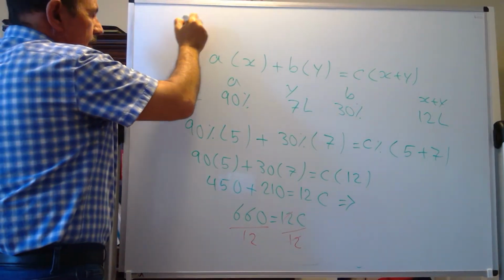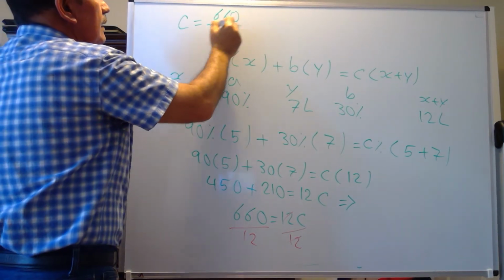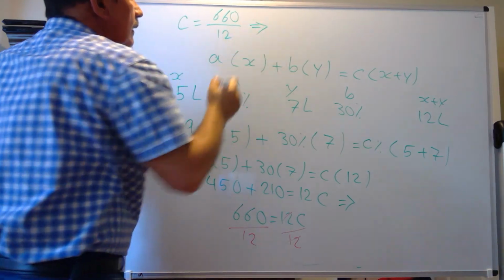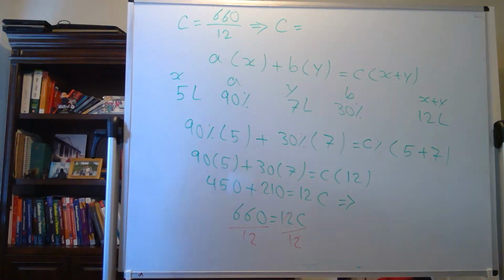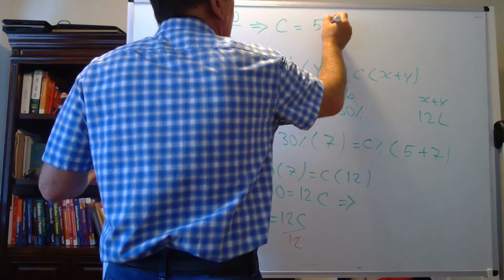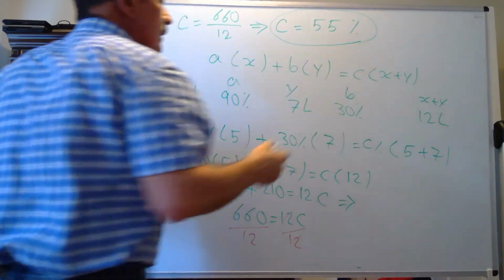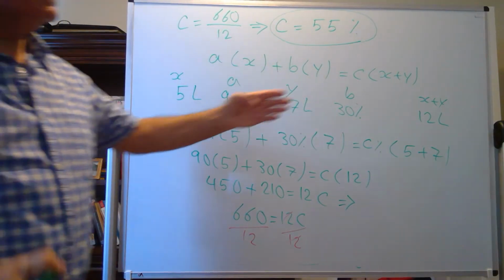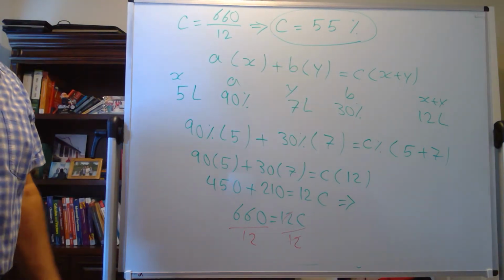C is equal 660 divided by 12, which is 55. Remember, we should put the percent sign because we were looking for the percent of the result. So the result is going to be 55%.